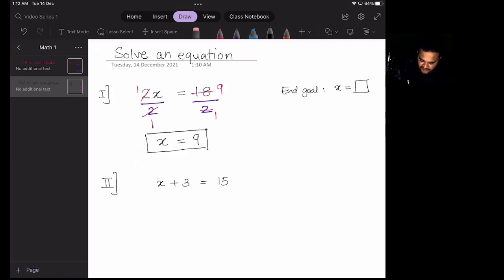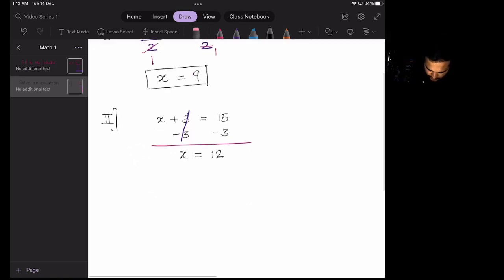So here I shall subtract 3 on both sides. Whatever I do on the right hand side, I do the same thing on the left hand side, and what I end up getting is, this gets cancelled, and I have x equals 12, right? So this is pretty simple. Now let's move on to the third part.